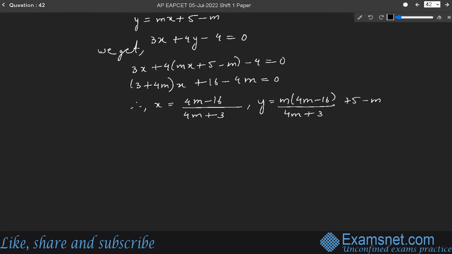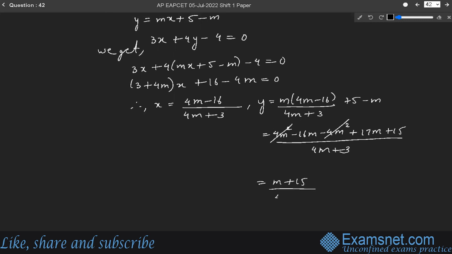On further solving it, it will be equal to 4m square minus 16m minus 4m square plus 17m plus 15 divided by 4m plus 3. 4m square minus 4m square will be 0. 16m minus and plus of 17m is m. So it will become m plus 15 divided by 4m plus 3.